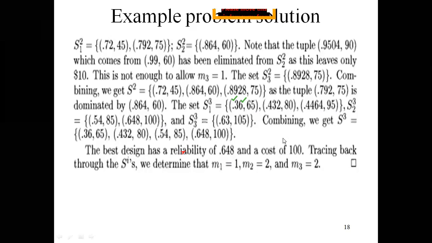Tracing back through the S^i, we determine that m_1 equal to 1, m_2 equal to 2, m_3 equal to 2. So m_1 equal to 1 means of the D1 type device we need only 1. m_2 equal to 2 means of the D2 type device we need 2. m_3 equal to 2 means of the D3 type device we need 2.